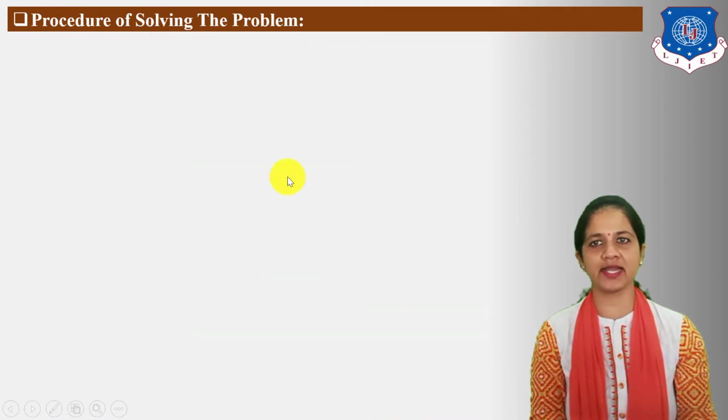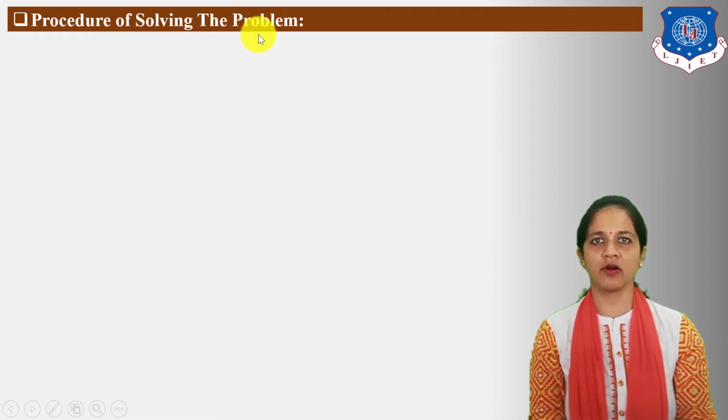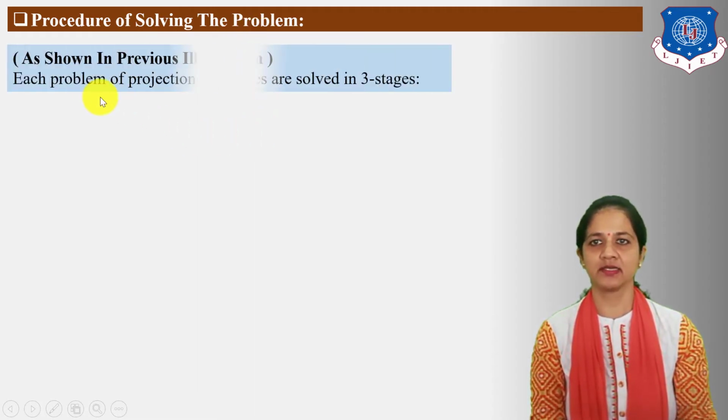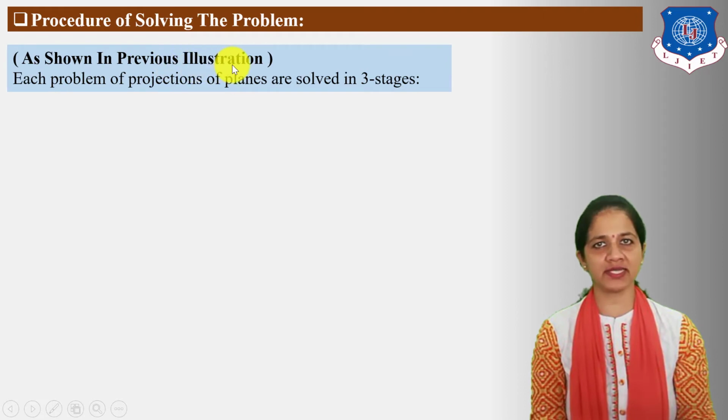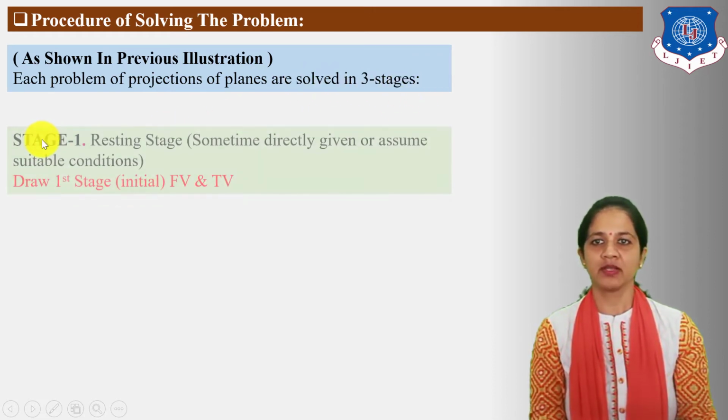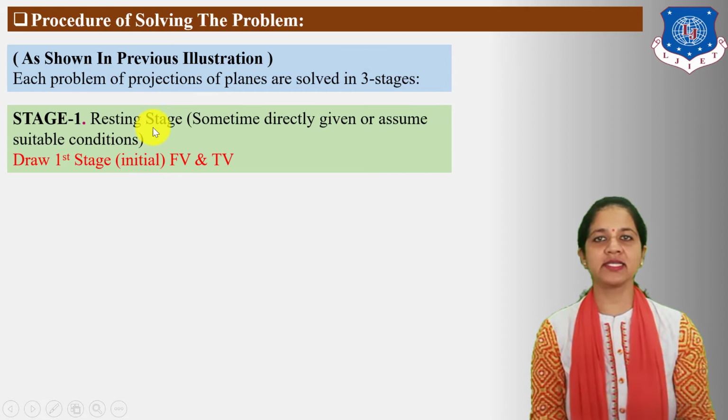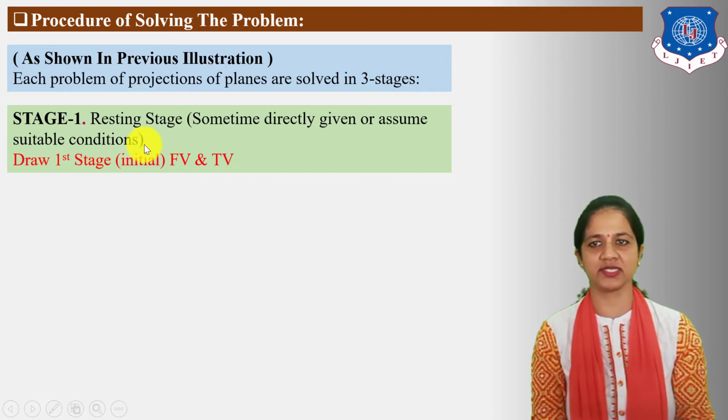Next, let us understand the procedure of solving the problem of any planes. As shown in the previous illustration, each problem of projections of planes is solved in 3 stages. Stage 1 is the resting stage, sometimes directly given or assume suitable conditions.